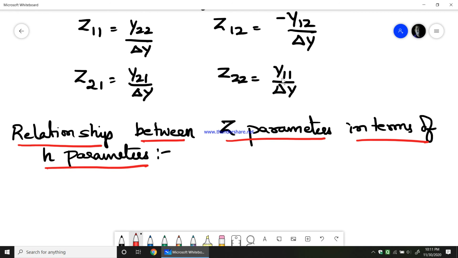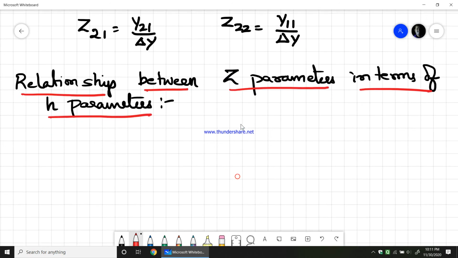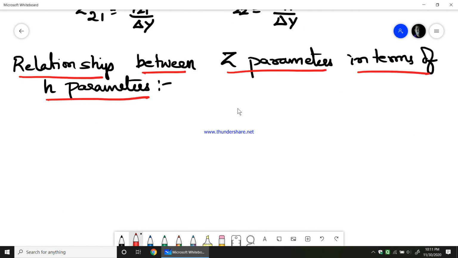So let us go with the relationship between Z parameters in terms of H parameters. For that we need to take the H parameter equations. So the H parameter equations are V1 equals H11 I1 plus H12 V2.